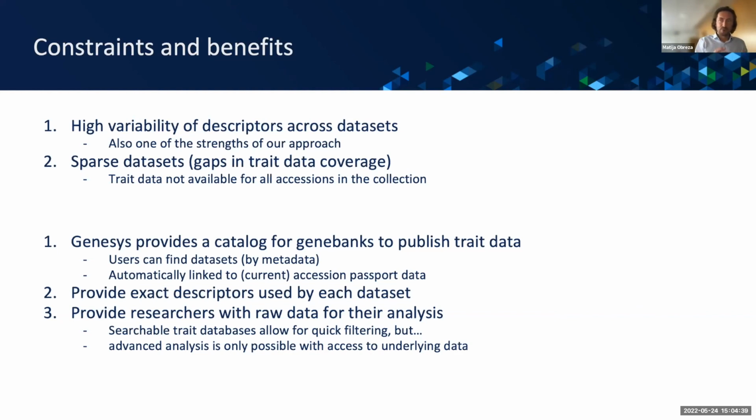So the approach we are taking is perhaps not the simplest for the simple use cases, when you say I want to have, you know, a red leaf cassava, but it allows the serious researcher to download the data and actually do some proper analysis with it, because the traits are properly described in the descriptors uploaded by the gene bank.